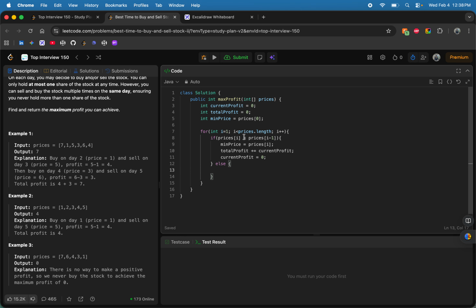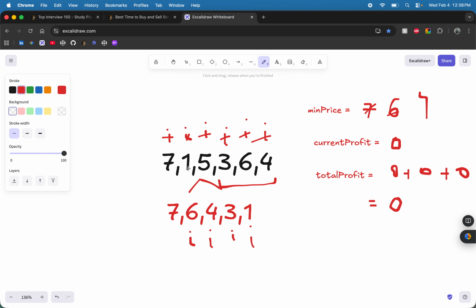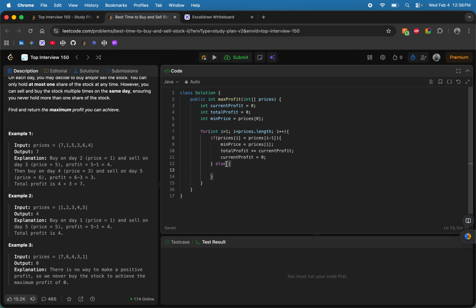Else, what if the current price is greater than the previous one? Alright, that means we have to calculate current profit equals prices i minus mean price.